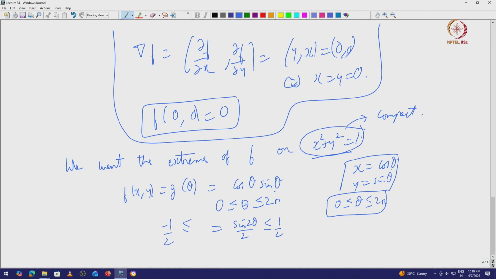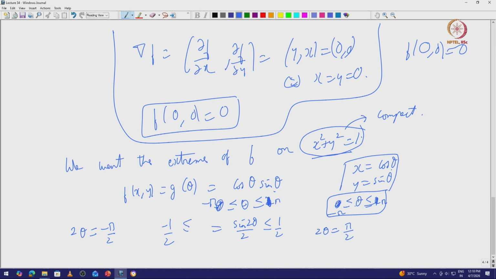It's equal to half when 2 theta equals pi by 2, and it's equal to minus half, for example, when, let's instead take minus pi and pi, that will make our job a little bit easier. Well, this is when 2 theta is minus pi by 2, right? So we have 3 candidates for the maximum and minimum values of f.